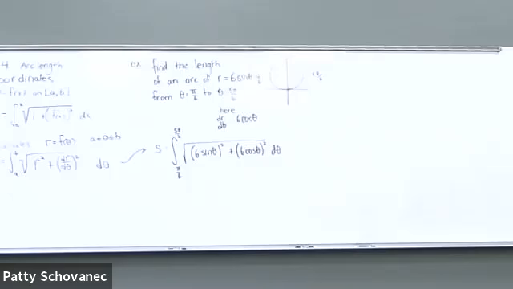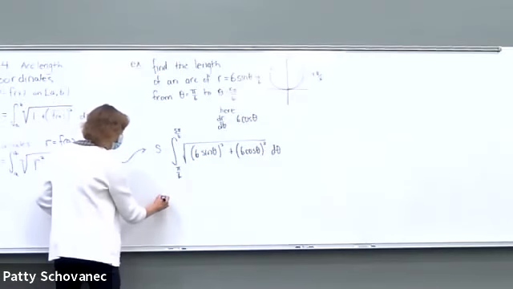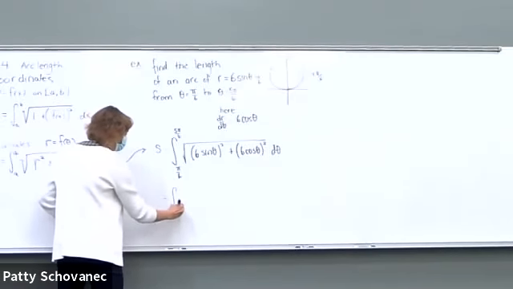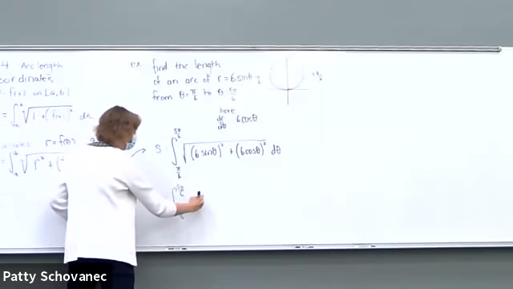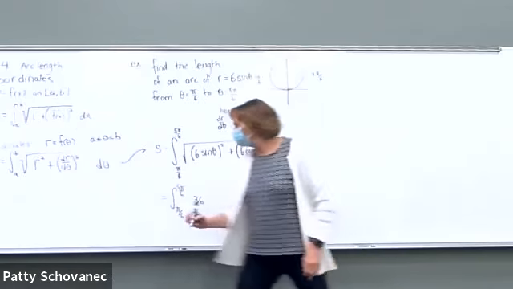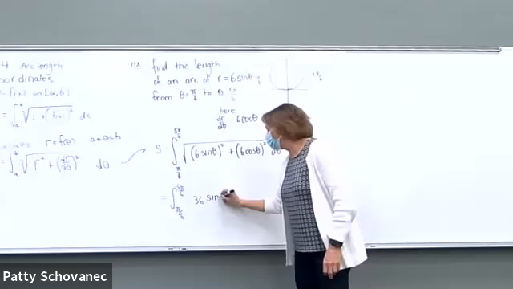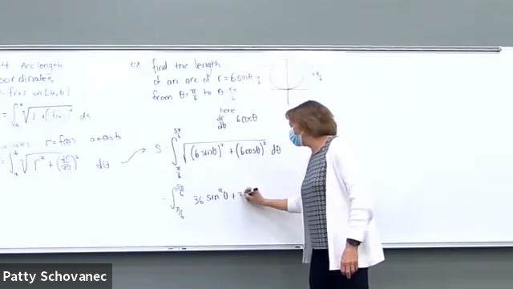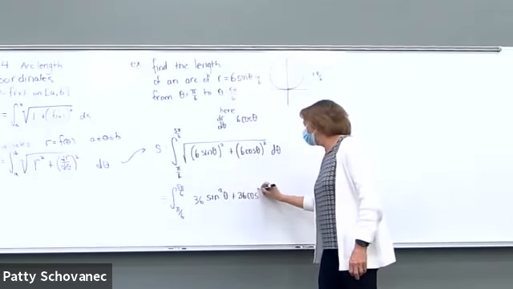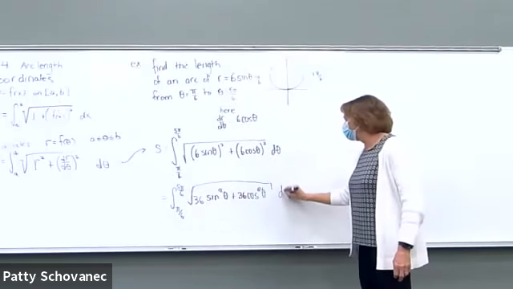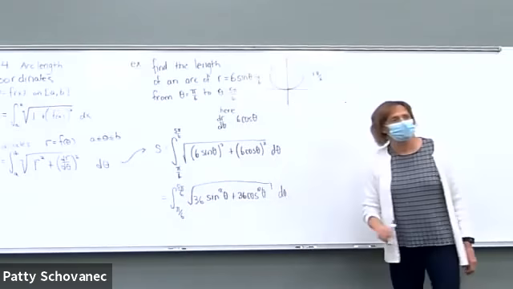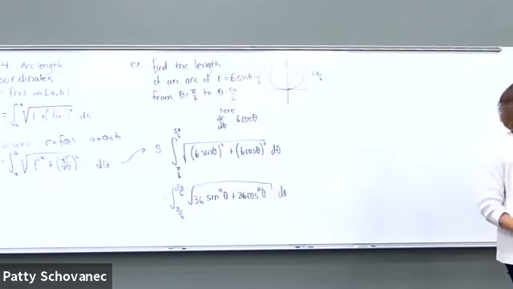And so we do the squaring, and inside I get 36 sine squared plus 36 cosine squared. Now you cannot take the square root of each term, but you can factor out a 36.